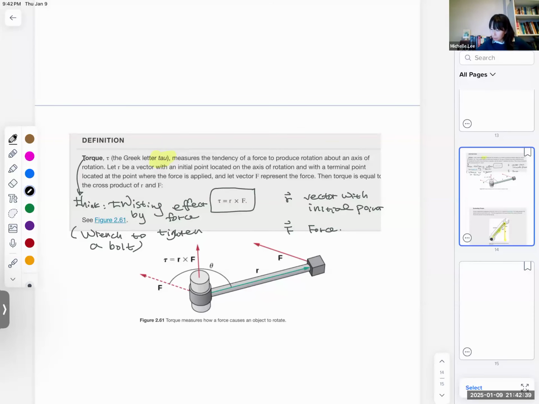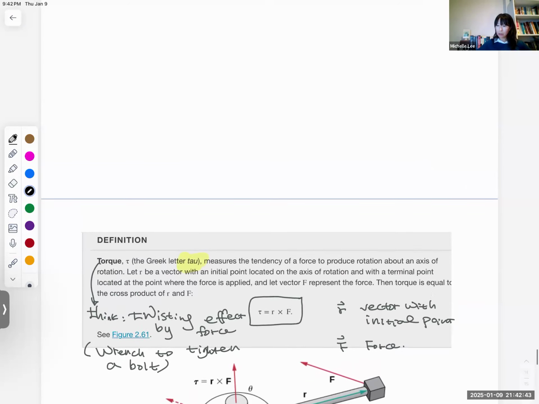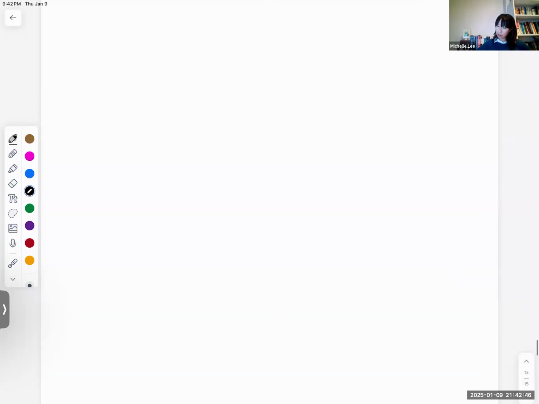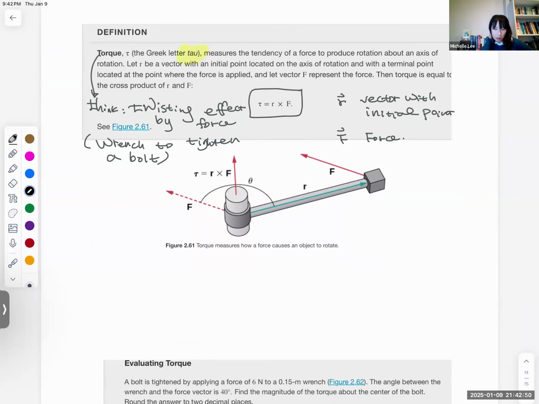Okay, so we have a definition, torque. Torque, normally we are using the first letter T, right? But this one looks like T, but we read tau, the Greek letter. So it measures the tendency of a force to produce rotation about the axis of rotation.